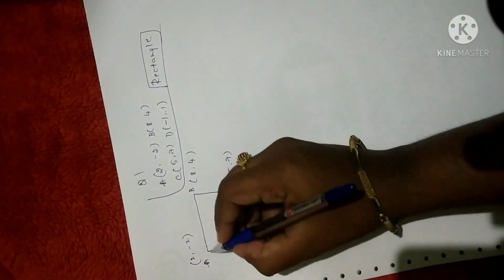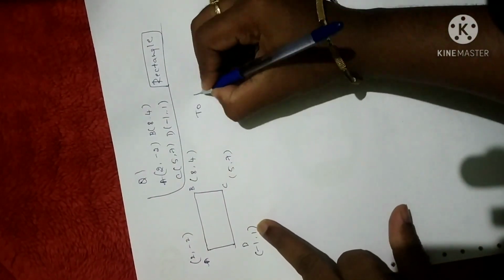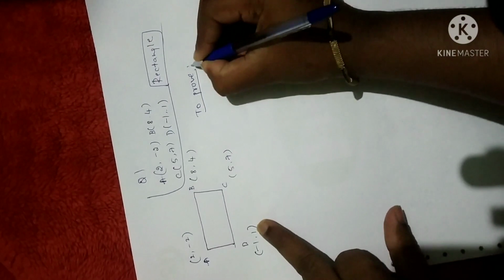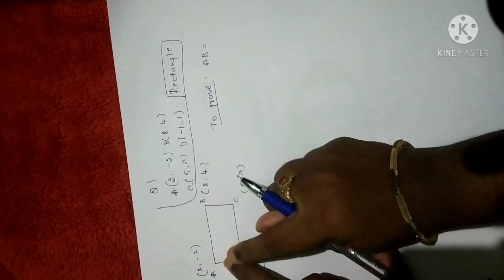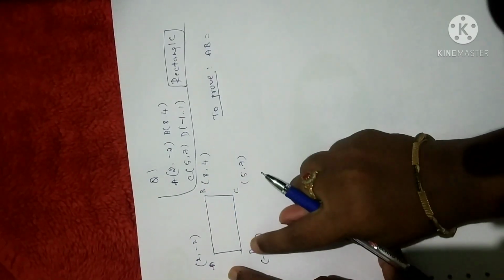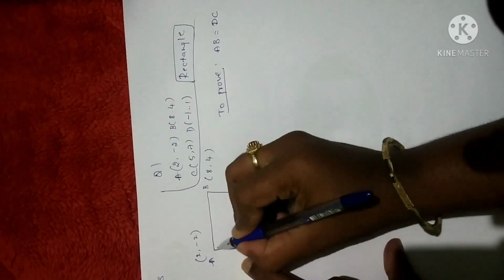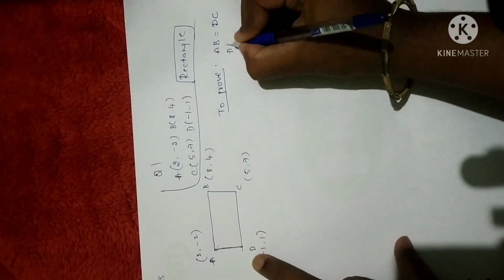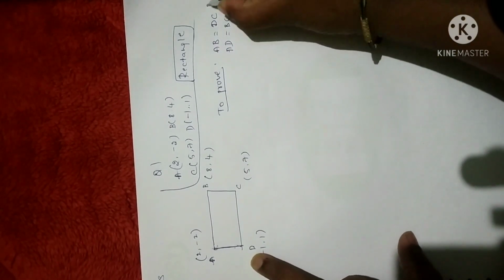Now, rectangle I have to prove. First let me write our aim. What we have to prove: opposite sides are equal. What is the opposite side for AB? For side AB, the opposite side is DC, so I have to prove AB is equal to DC. Next, the opposite side for AD is BC. So sides are finished.